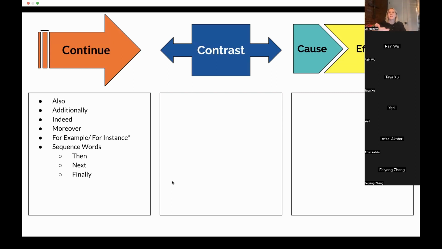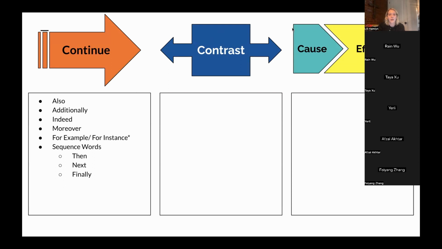And then there's the subset of that, which is sequence words, which is things like then, next, and finally. Great. And then contrast words are things like but, however, nevertheless, even though, although, and also though, and then things like while, yet, and despite.